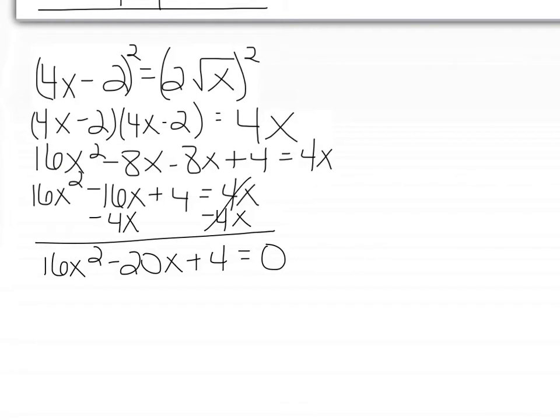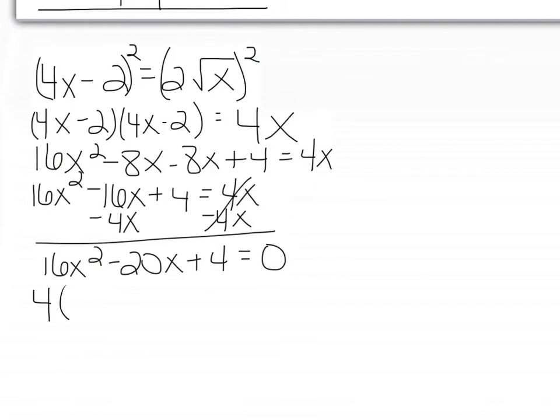Now that I've done that, I can go ahead and factor. First rule of factoring says, look at all of my terms and see if they have anything in common, and if they do, factor it out. All of these, 16x squared, negative 20x, and 4, all have a 4 in common. So I can go ahead and factor that 4 out front, leaving me 6. Just kidding.